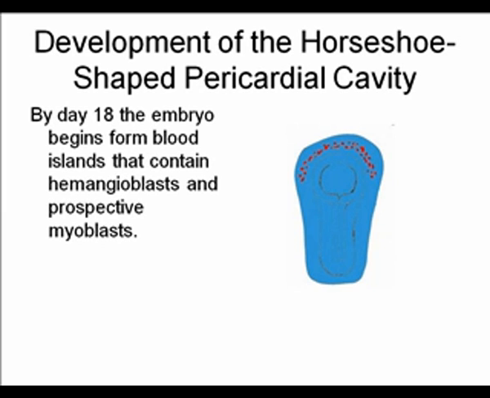It's about day 18, and the embryo begins forming blood islands. Blood islands are groups of cells called hemangioblasts, and they will form the prospective myoblasts as well as the prospective angioblasts that will go on to form the blood-forming cells.